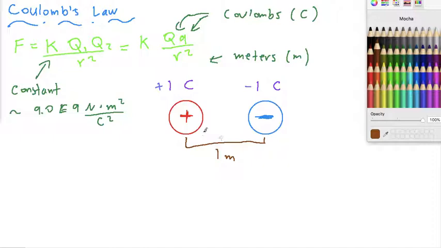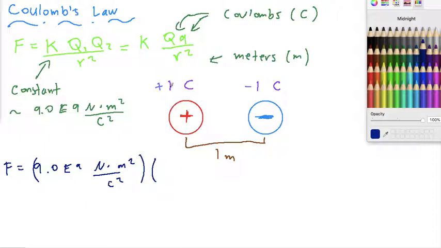Okay, now we are going to plug our numbers into the formula. The force between these two particles is k, which we know is approximately 9.0 times 10 to the 9 newtons meter squared per Coulomb squared, times, well, what is our first charge?